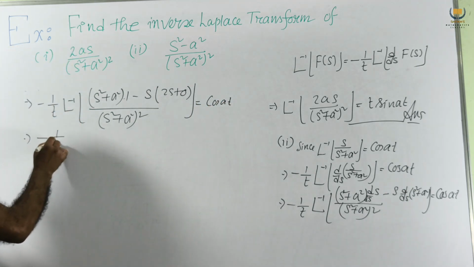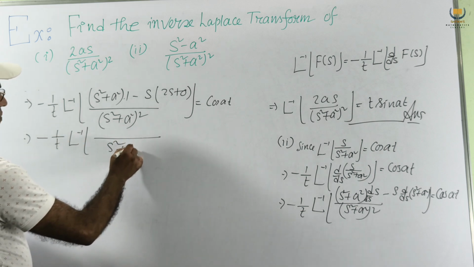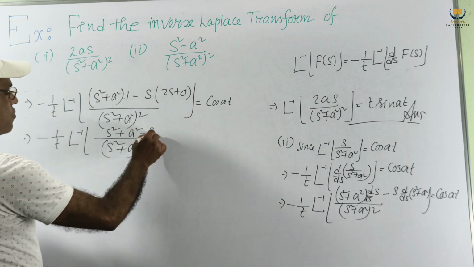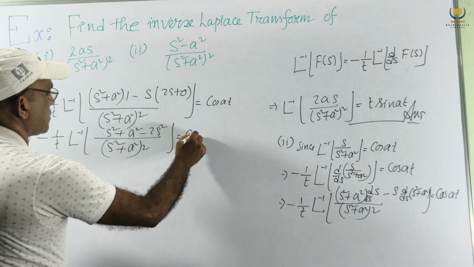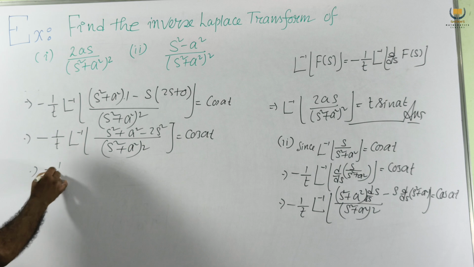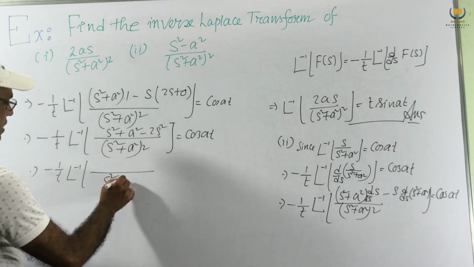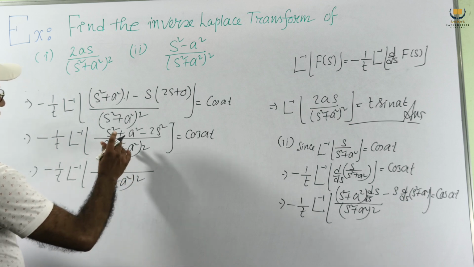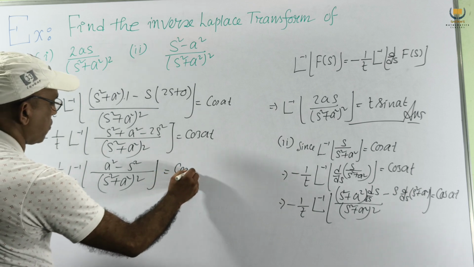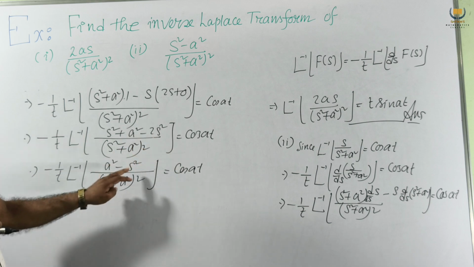Now the answer is coming soon. The denominator remains the same, and the numerator is s² + a² − 2s² equals a² − s². So this is cos at. This s² − 2s² is minus s².